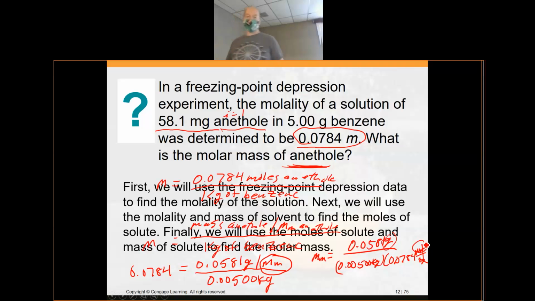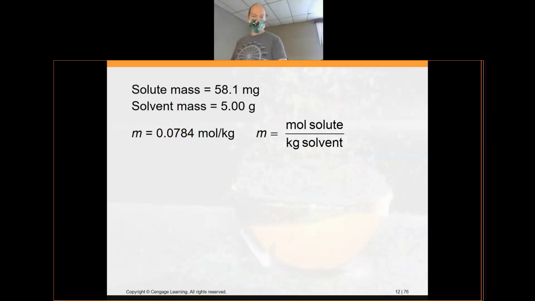When you push those buttons, you have your molar mass. All right.